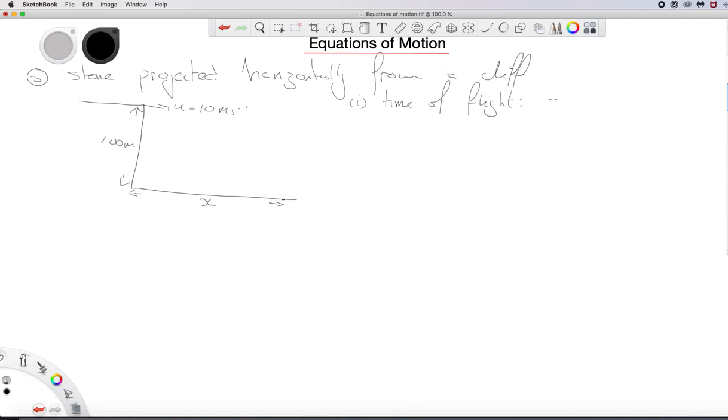So the time of flight. This is the time to fall 100 meters under gravity. So we consider our vertical motion.